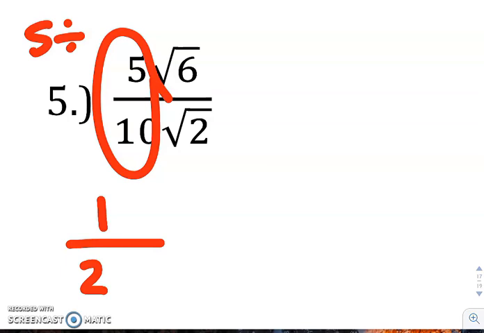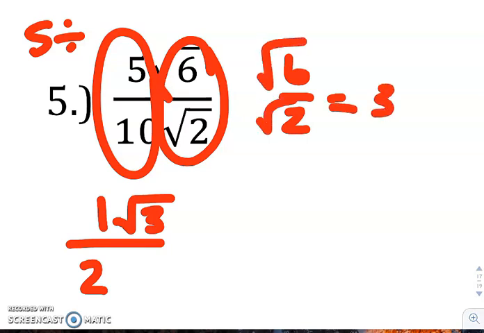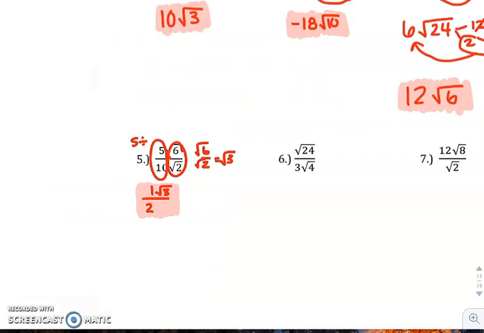Then you want to see, can you reduce 6 and 2? Yes, you can divide by 2, and you get 3, because 6 divided by 2 equals 3. Since they were both under a root, it'll say root 3. And that's it. There's no root left in the denominator, and there shouldn't be, to make sure that this is completely simplified when you're doing division.